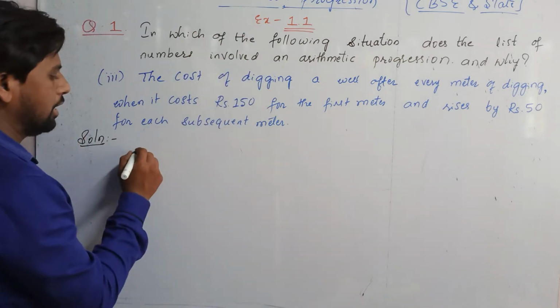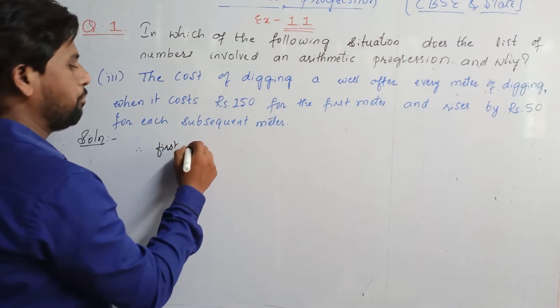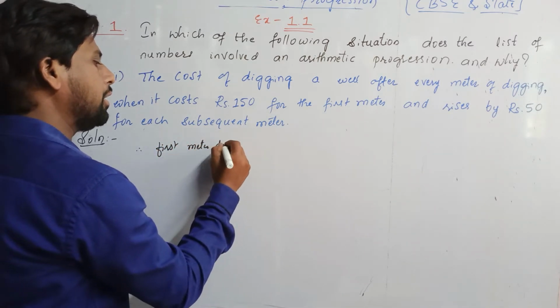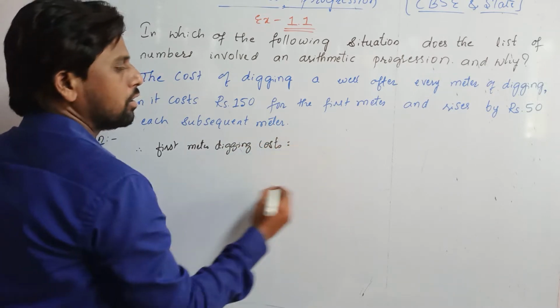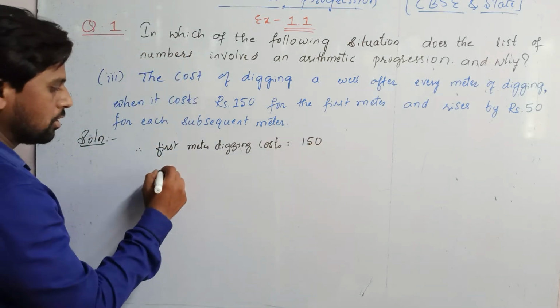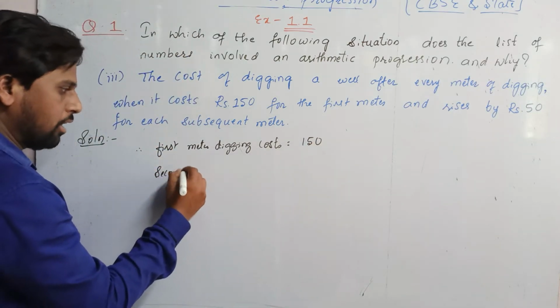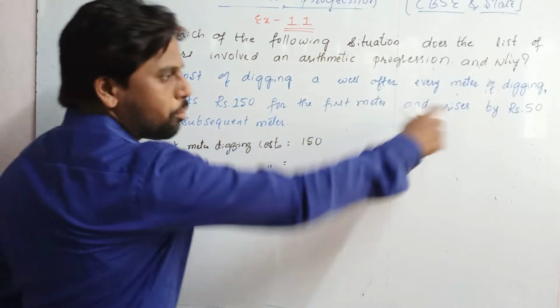So here by this what we can understand, first meter digging costs rupees how much? 150. Same for the second meter digging, every subsequent meter rises how much rupees? 50 rupees.